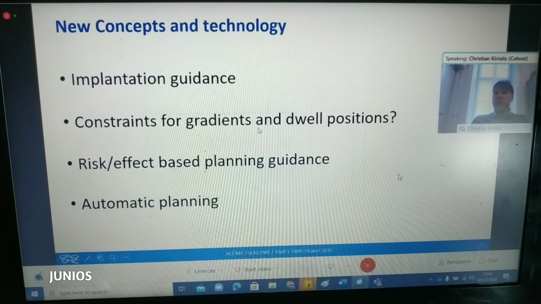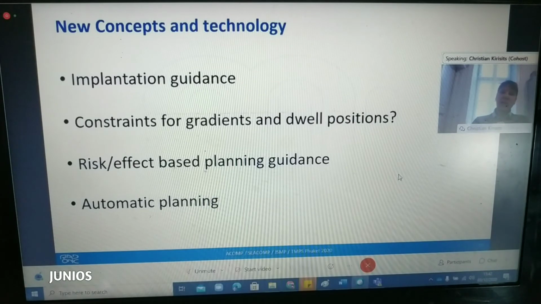Constraints for gradient and cell positions, risk effect-based planning guidance, and because this becomes more and more complex, too many points, too many DVH constraints, too many contours, we also have to think that even also in brachytherapy, automatic planning to assist the physician, the physicist, is a future, and I think this is my priority, to work on automatic planning aspects for cervical cancer.